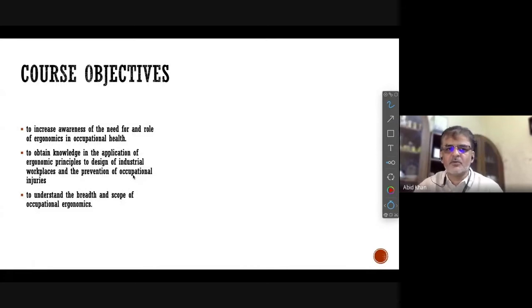Every course has a plan based on its syllabus, content, course objectives, and course outcomes, which are the requirement of nowadays object-oriented education, OEE. So in this, we have certain objectives.